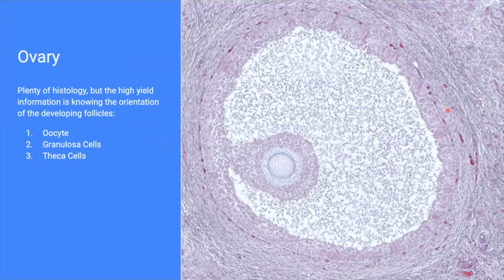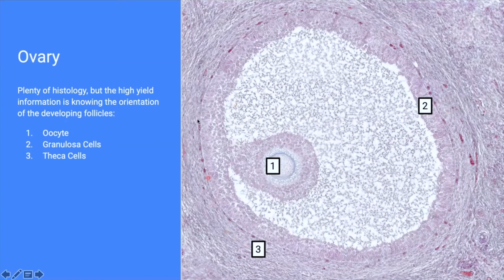What I would say is that you should be familiar with the different portions of a developing follicle. This structure here, this cell in the middle, the big one, is going to be our developing oocyte. The layer on the innermost side of the developing follicle is going to be our granulosa cell layer.